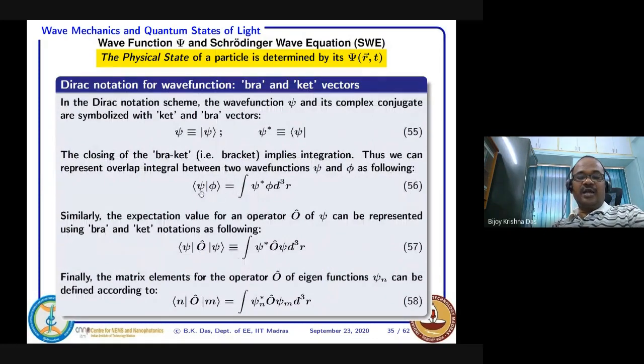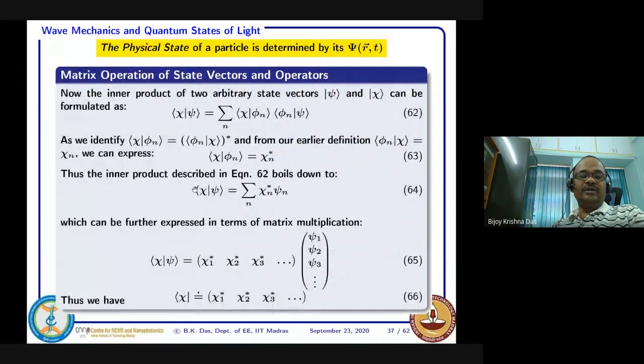You see that psi phi you are writing here. Now if you take the complex conjugate, then you have to write phi psi star, phi star psi. So if you are changing bra to ket to bra, that means you have to take the complex conjugate.